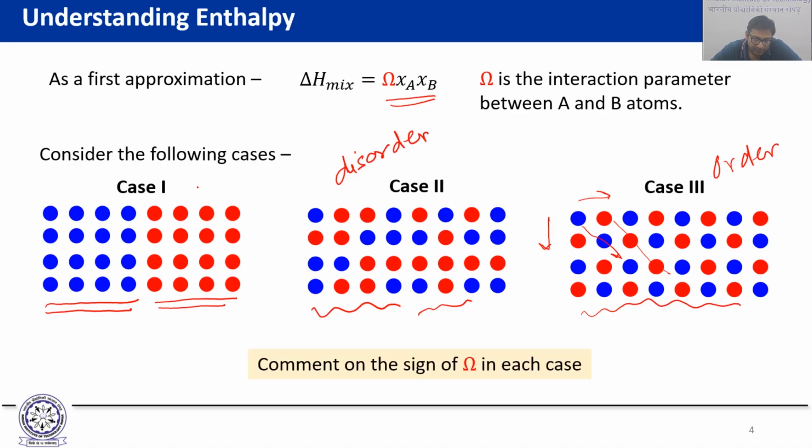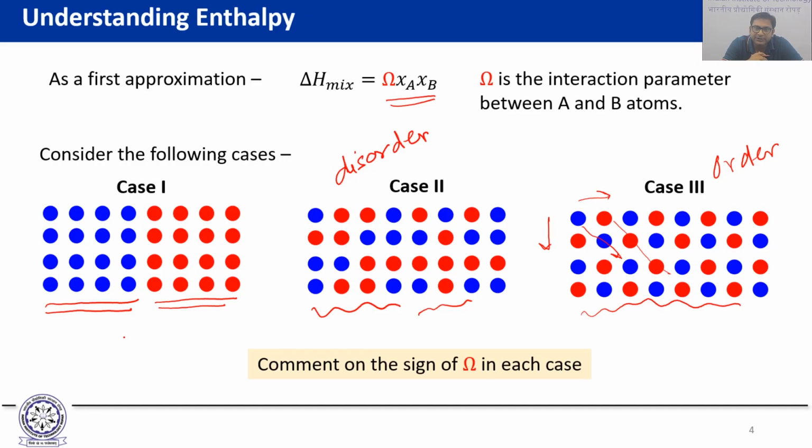So now go ahead and think about what would be the sign of omega in each case. So here clearly these blue and red atoms, they don't want to stay close to each other. So whatever interaction is there between the red and blue atom, the idea is they try to stay as far as possible. And so what that means is, in this case, if you get the red and blue atoms to try and mix, the overall Gibbs free energy will be increasing.